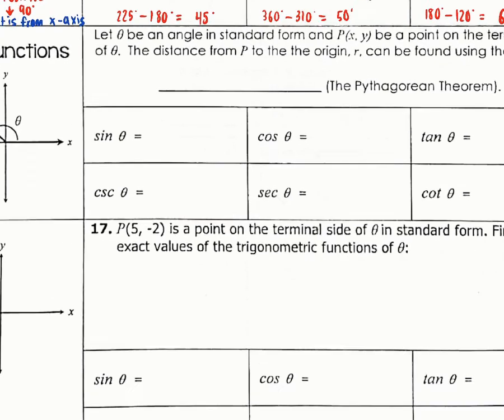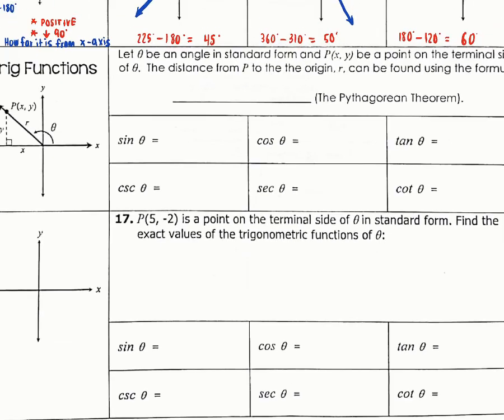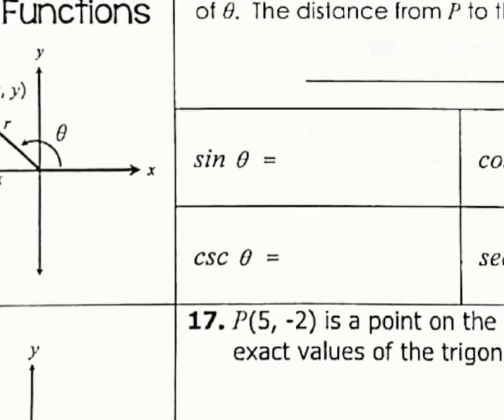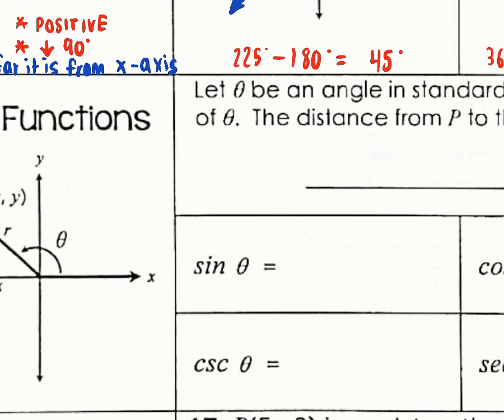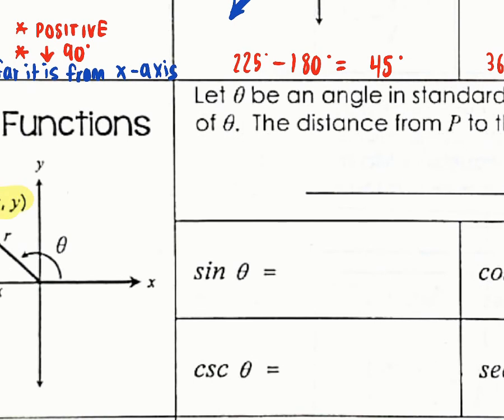All right, let's move on to the very last concept here. It's called the trig functions and how these relate to what we just did on Thursday and Friday. I want you guys to notice when they name an ordered pair, they're giving me an x value and a y value, right? But we're wanting to talk about that in reference to trigonometry.